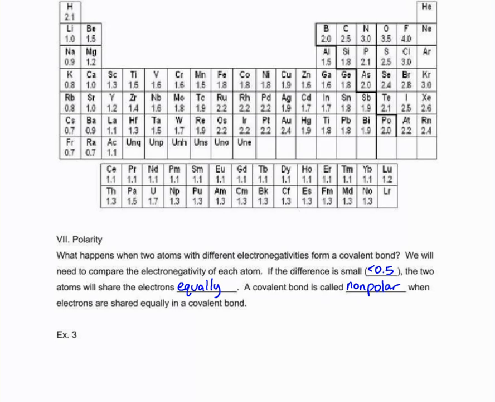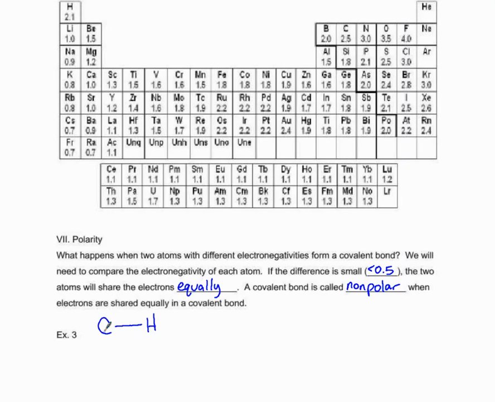So let's look at just a few examples here. So for instance, when carbon and hydrogen form a covalent bond, and here I'm just representing one bond between the two atoms. It's likely that there would be other stuff going on in a molecule, but we're just looking at these two elements and this particular bond. So I need to compare these values from the table above.